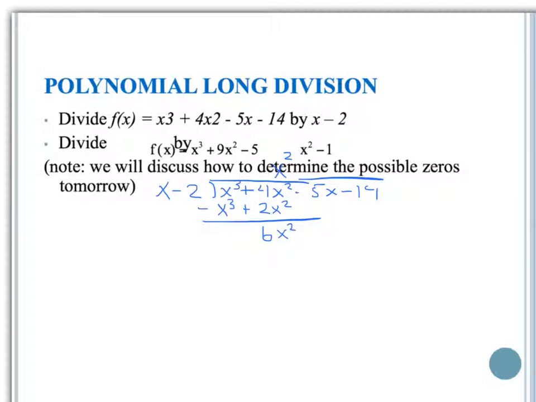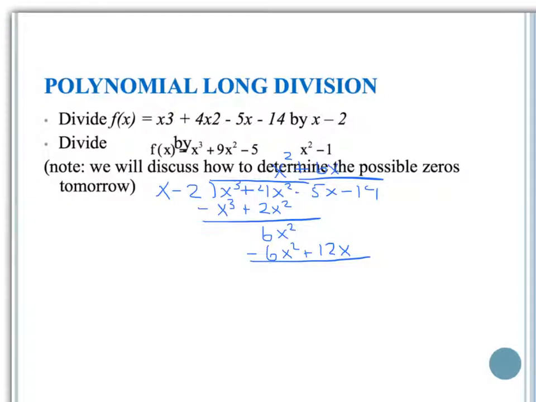And now I'm thinking x squared times what gives me x? Well, that sounds like plus 6x. So I'm taking 6x times everything out in front, and I would have 6x squared minus 12x. And now I need to subtract all that, so I change the signs. And let's see what happens.